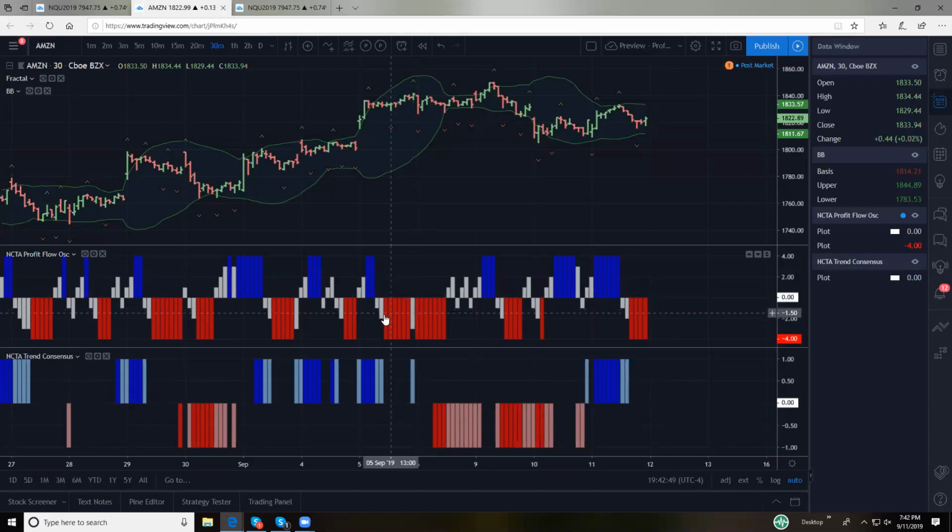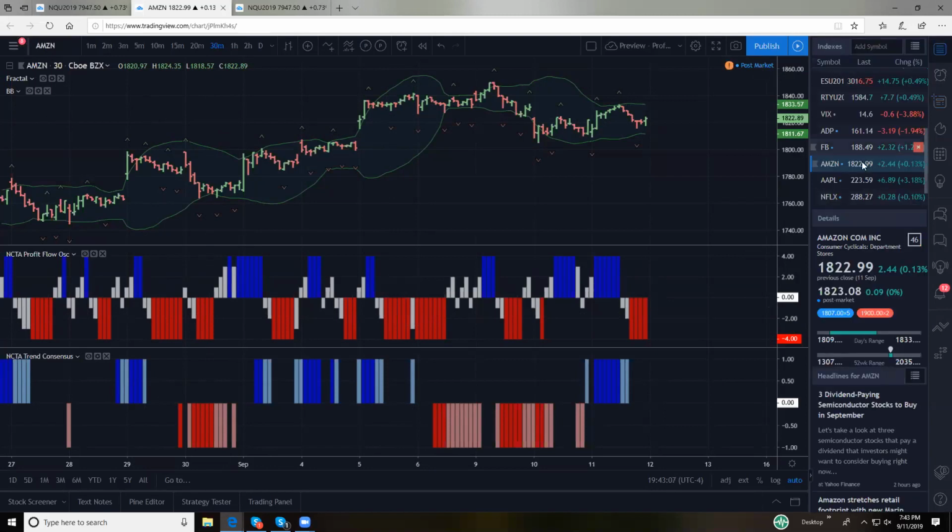So that's a trade that I would have avoided getting into. And that worked out. That helped me out. So the 5-minute is a great validation for whether or not your 30-minute signal is ready to take advantage of now, or should you wait?